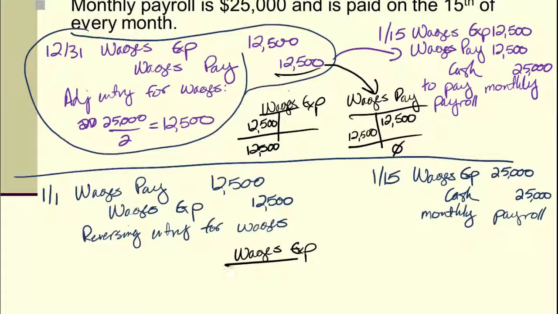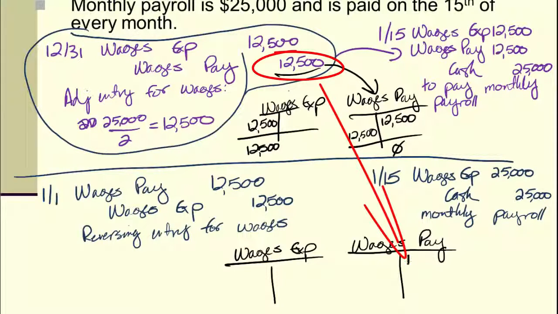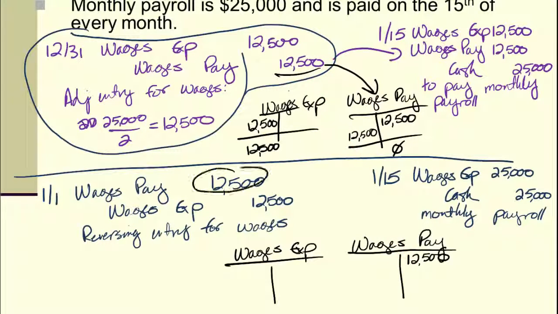Now down here, wages expense and wages payable. So in this case, let's see. We have wages payable beginning balance still from up here, 12,500. And then here in my reversing entry, I get rid of that. So that goes to 0.